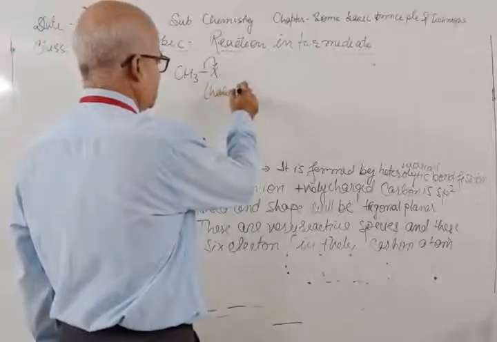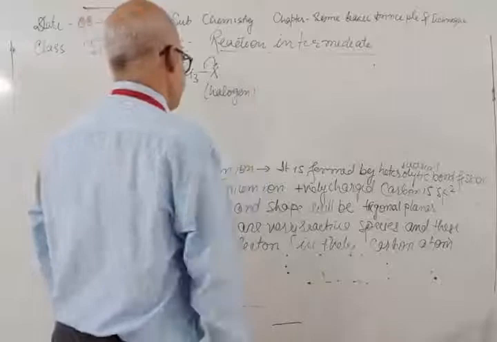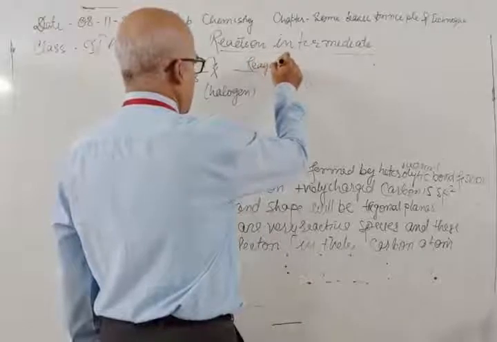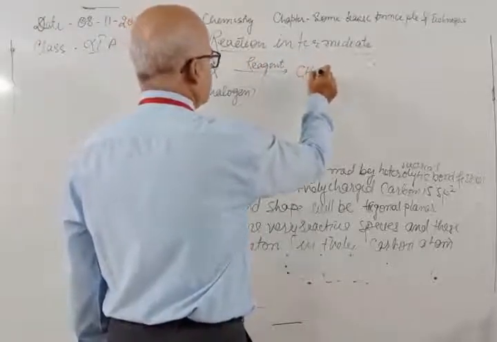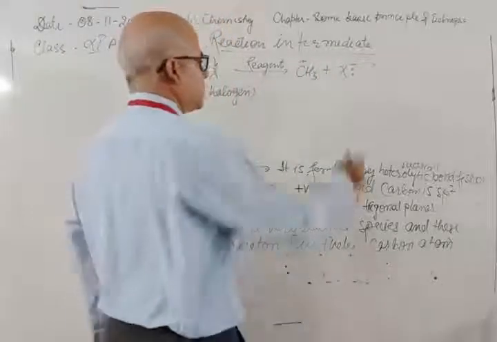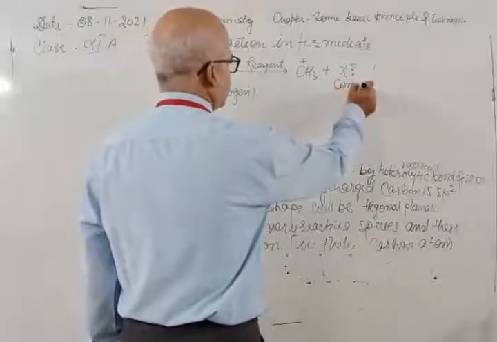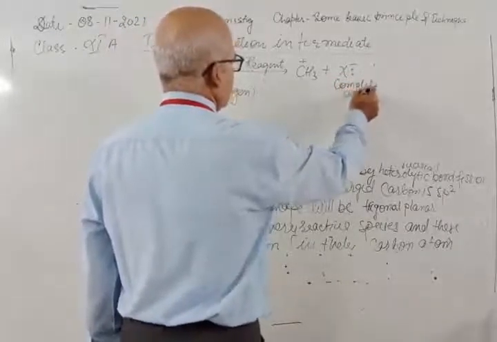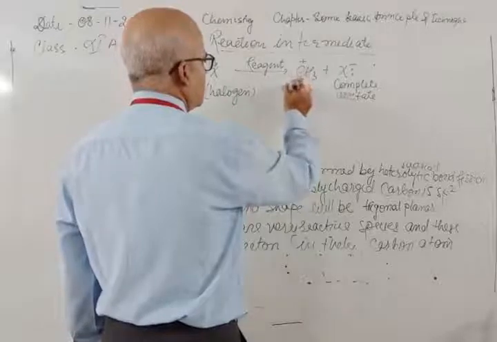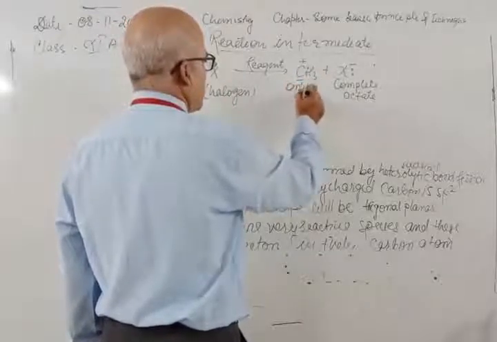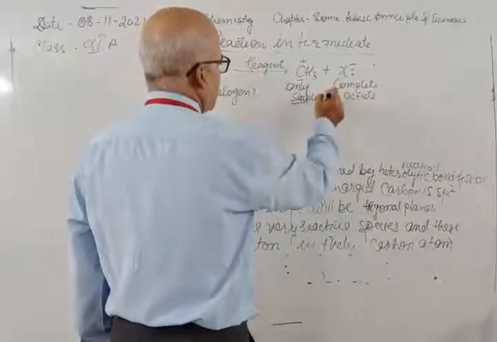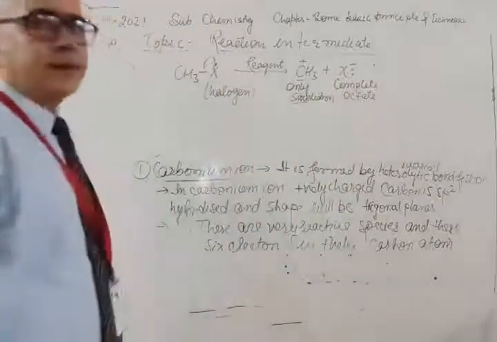After cleavage, in presence of a reagent, CH3 plus and X minus are formed. X minus has a complete octet and CH3 plus has only 6 electrons.